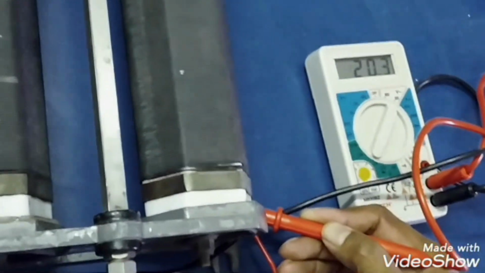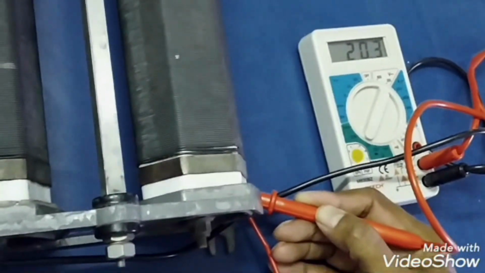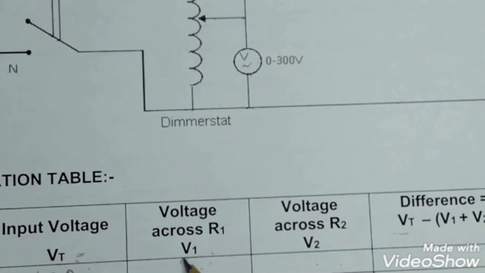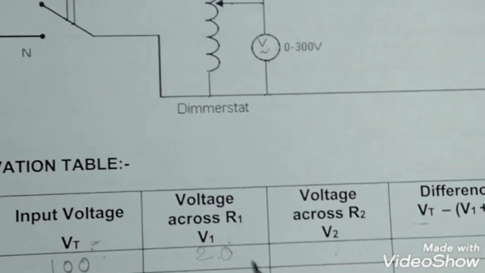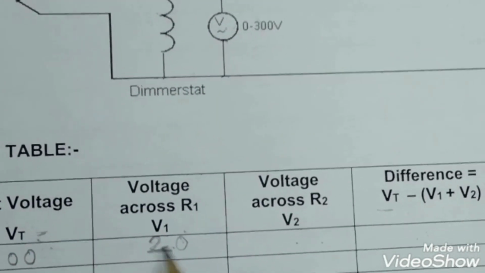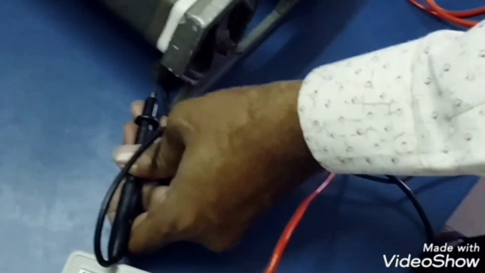Your R1 reading is 20. Note that down, V1 is 20. Now measure across resistance R2.